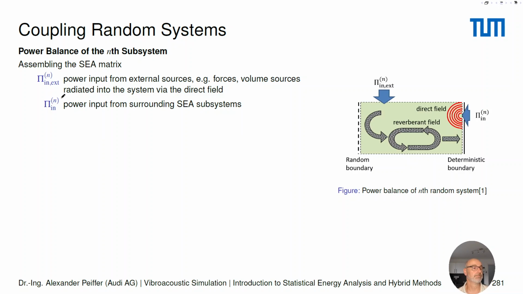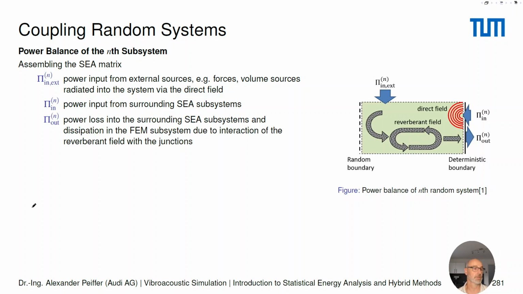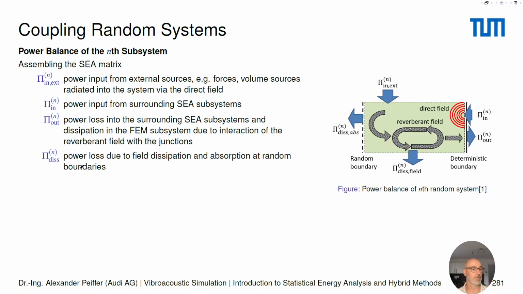We have the power input from all the surrounding subsystems, given by the coupling loss factors. We have the power loss into all the other surrounding subsystems given by the expression before. And we have the dissipation in the field, which is from wave field or some random boundary absorption.